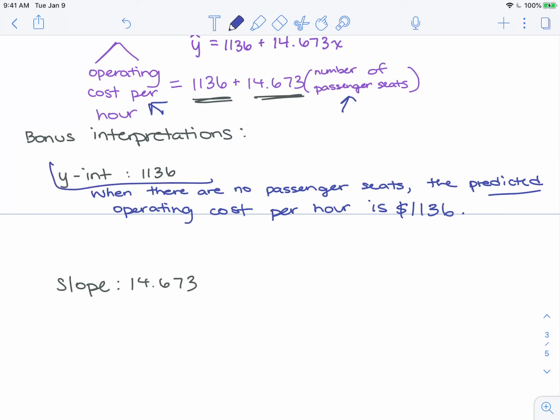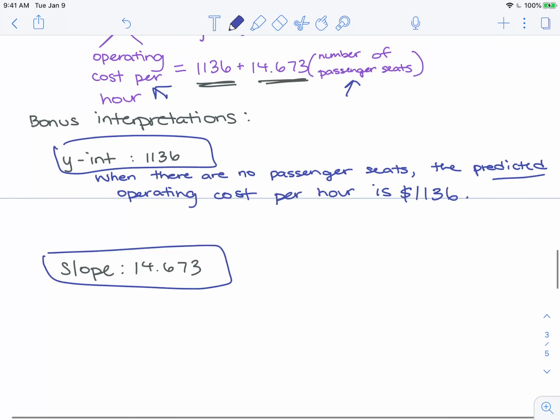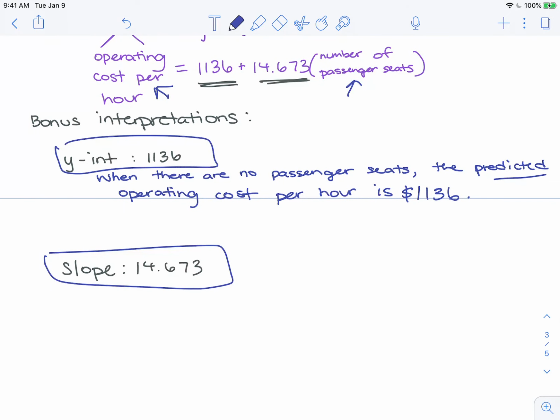So that was the y-intercept. Slope time. Okay, so slope, if you think about it from an algebra perspective, as the x increases by 1, like slope is rise over run, right? Okay, so I teach algebra too, I swear. The slope rises by 1, the y runs by how much?